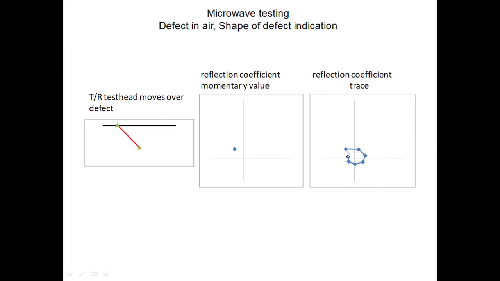There we see it goes into the negative clockwise, which is positive mathematical direction. Here we have the situation where the distance between the test head and the defect is minimum. That means the amplitude is maximum and the angle is less negative, that means most positive.